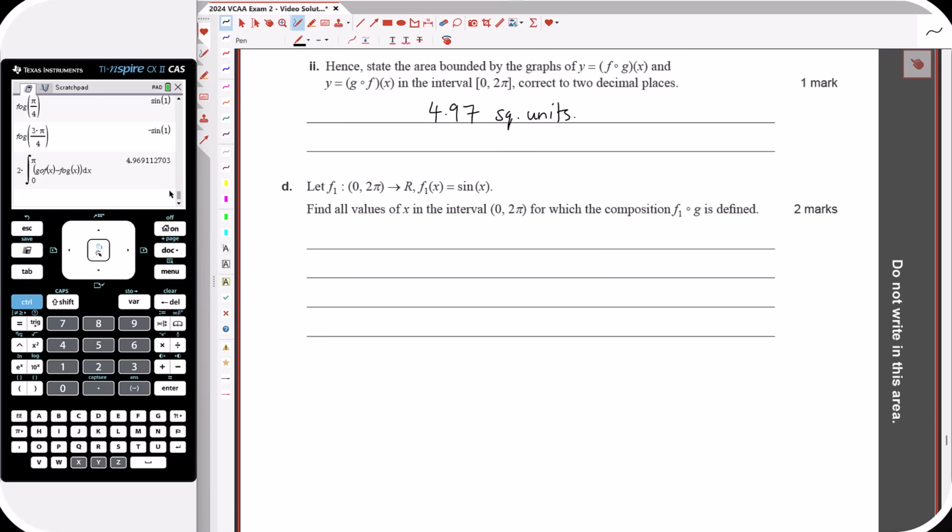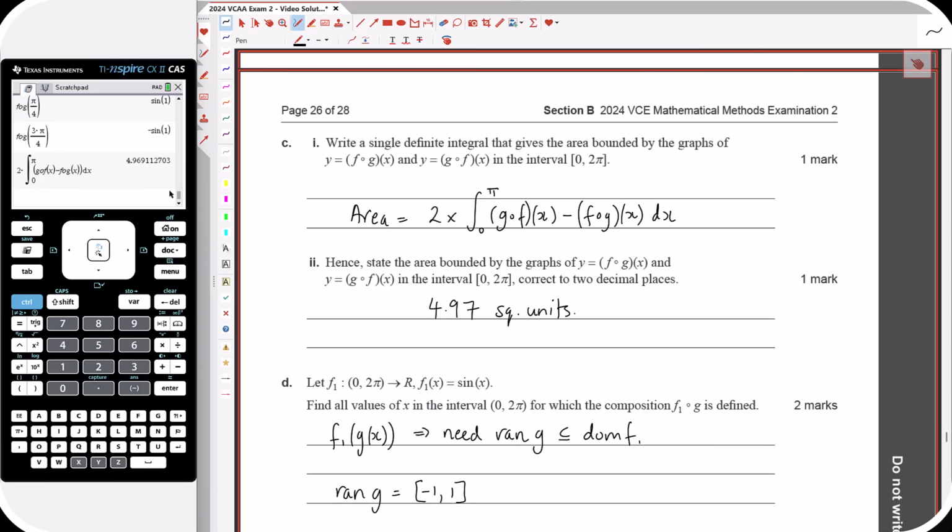Okay, so if we want f1 of g of x to be defined, we need the range of g to be a subset of the domain of f1. Range of g at the moment is -1 to 1.